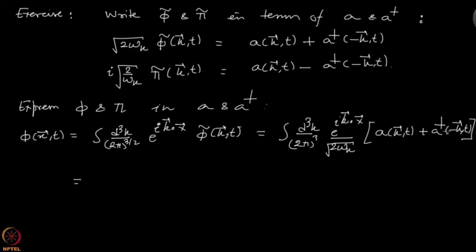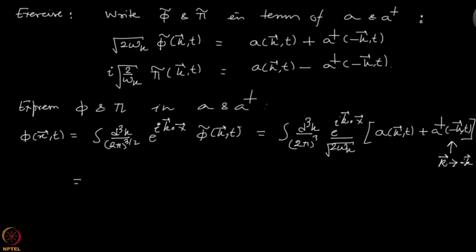Now in this expression, what I will do is take k and make it minus k. So I'll do the change of variable from k to minus k. I can do that because you have an integral over k, so that's a dummy variable.